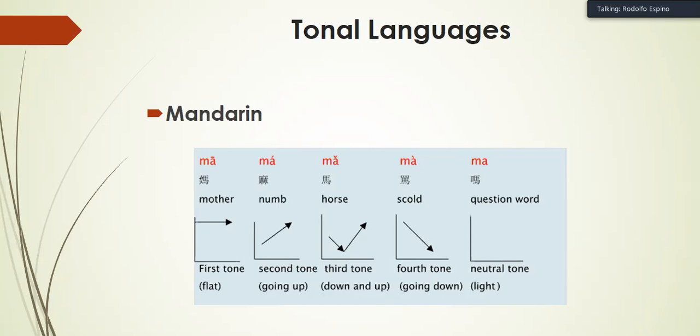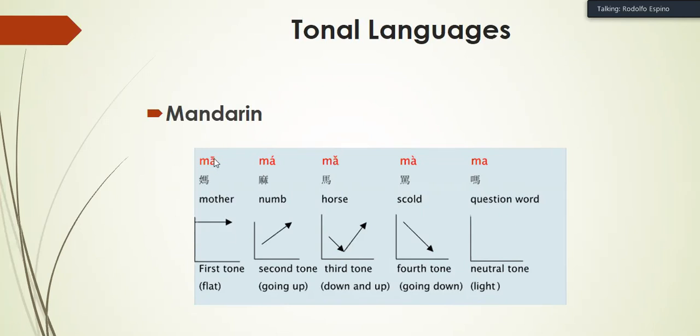So in that case, you cannot make a question, or usually you don't make a question, by raising or dropping your voice, because at the end, what you will be dropping is the tone in the word, and then you will be making a new word. So look at this. Different tones will make you pronounce a different word.